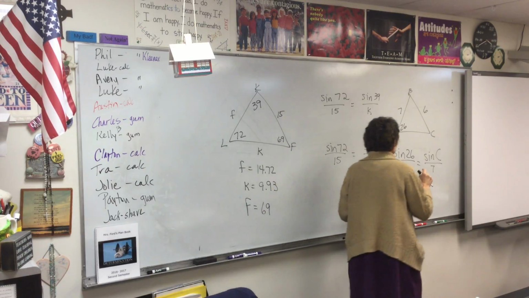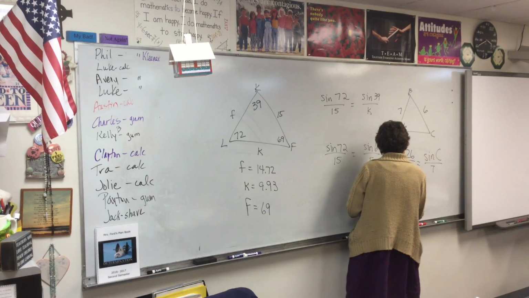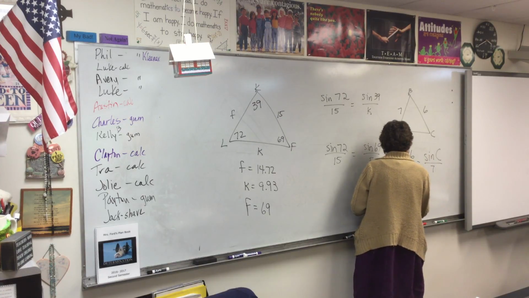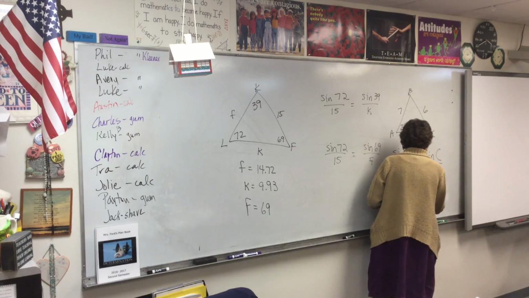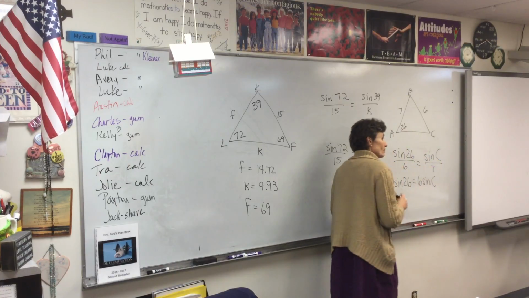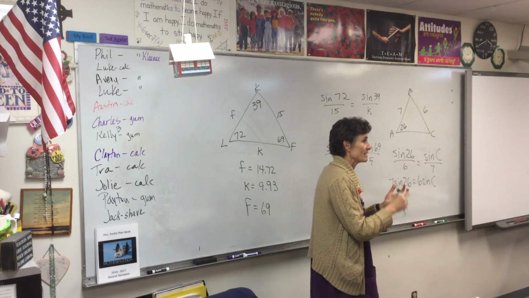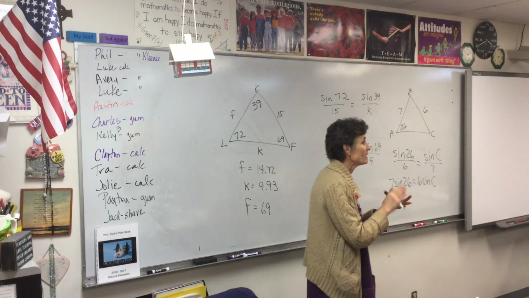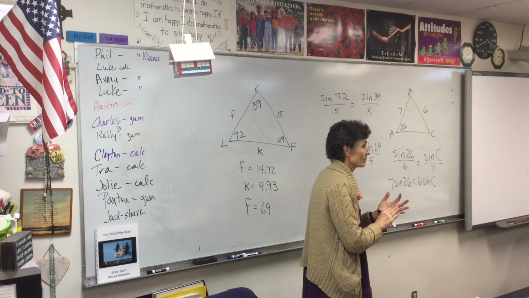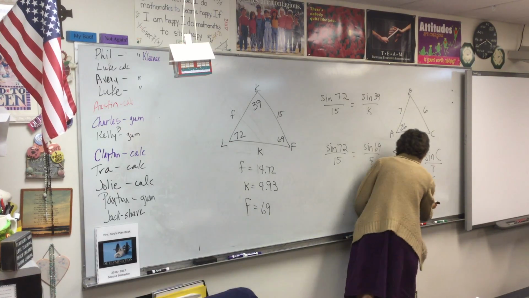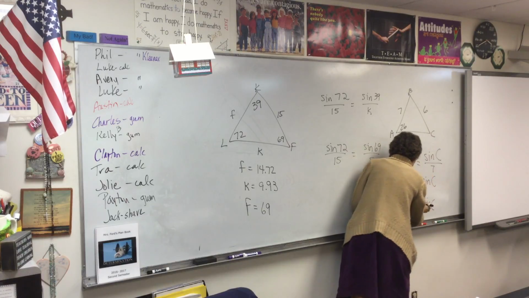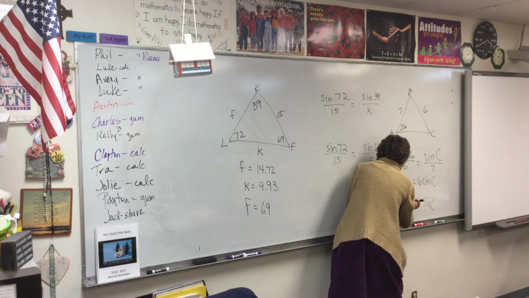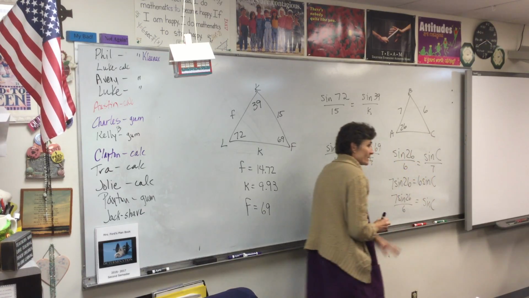Well, let's jump in and start solving. So we're going to do our cross multiply. No difference. We've set it up and we're solving exactly the same as before. Now, sine C equals 7 sine 26 over 6. Everybody okay with that?